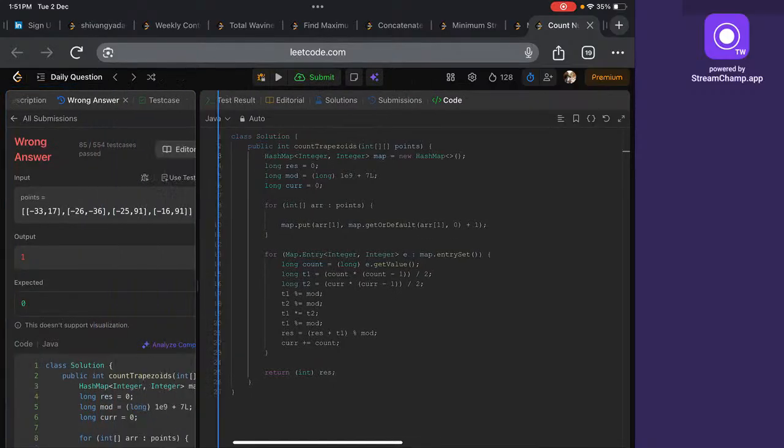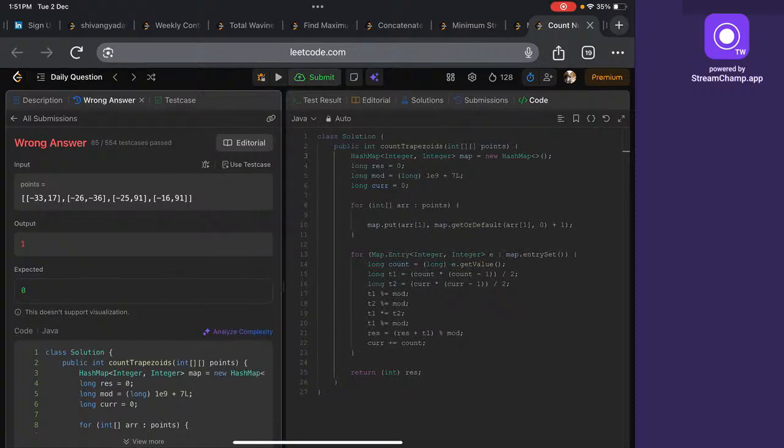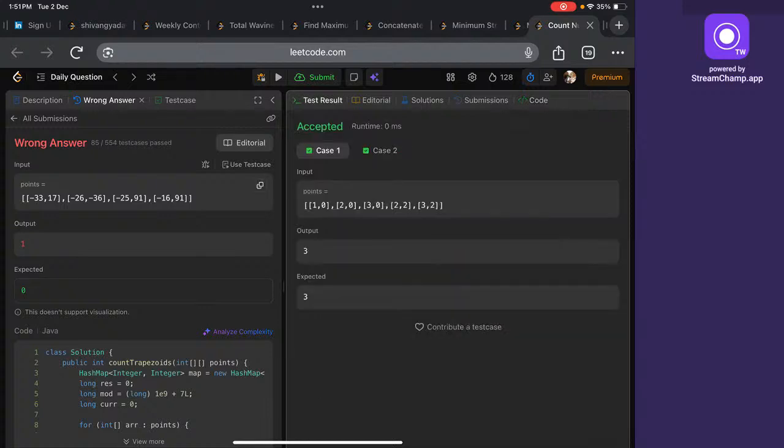Oh, why did we get it wrong? Output 1, expected 0. Why is it? Test case. Where?